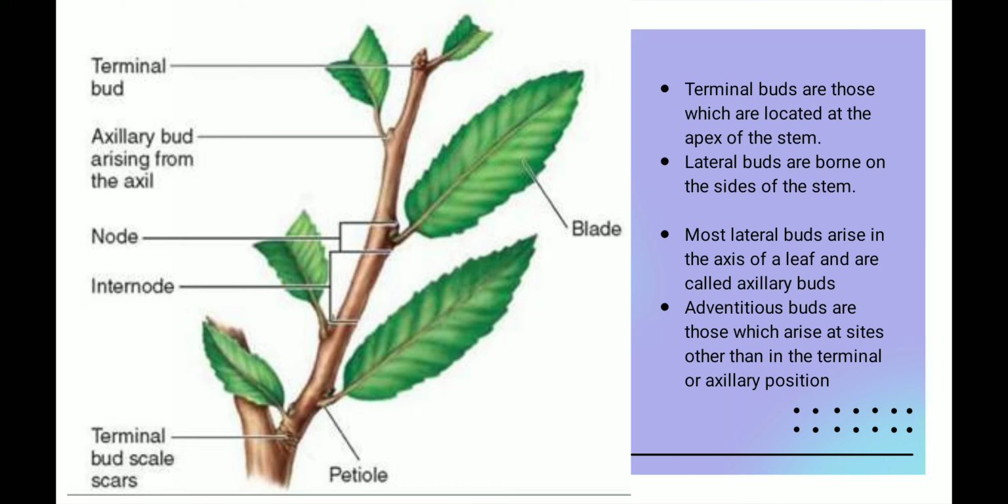Terminal buds are those located at the apex of the stem, while lateral buds are borne on the sides of the stem. Most lateral buds arise in the axil of the leaf and are called axillary buds. And we also have adventitious buds, which arise at sites other than the terminal or the axillary position. That is why they are called adventitious.